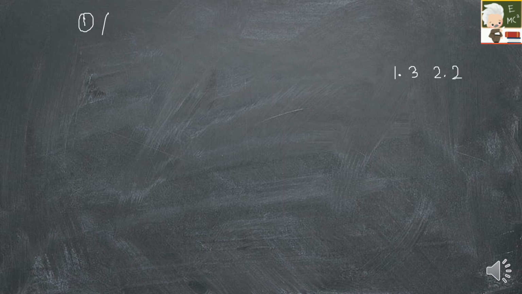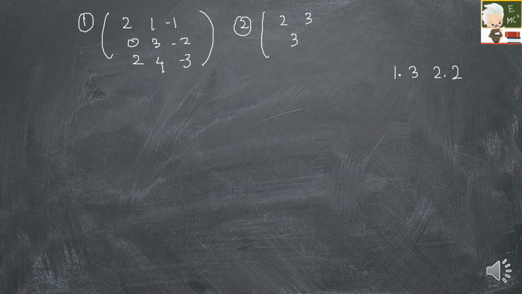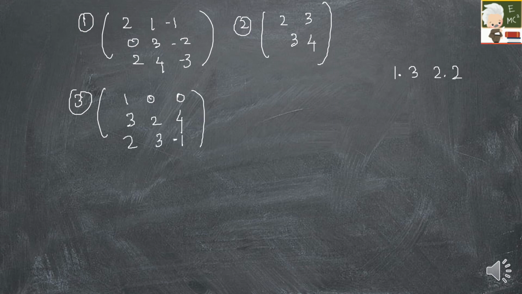So first it is 2, 1, minus 1, 0, 3, minus 2, 2, 4, minus 3. Okay, second is 2, 3, 3, 4. Third question: 1, 0, 0, 3, 2, 4, 2, 3, minus 1. And then fourth question, it is 3, minus 4, minus 6, 8.